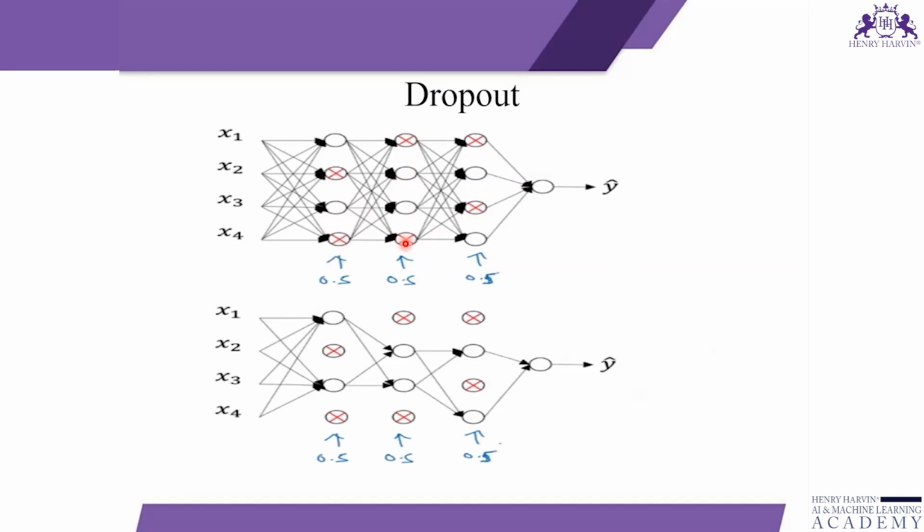Similarly, these two are switched off, randomly. You can see X1 and X3 here, and similarly X2 and X3, and in the third hidden layer X2 and X4. So this is how dropout works, and it is one of the ideas to avoid overfitting.